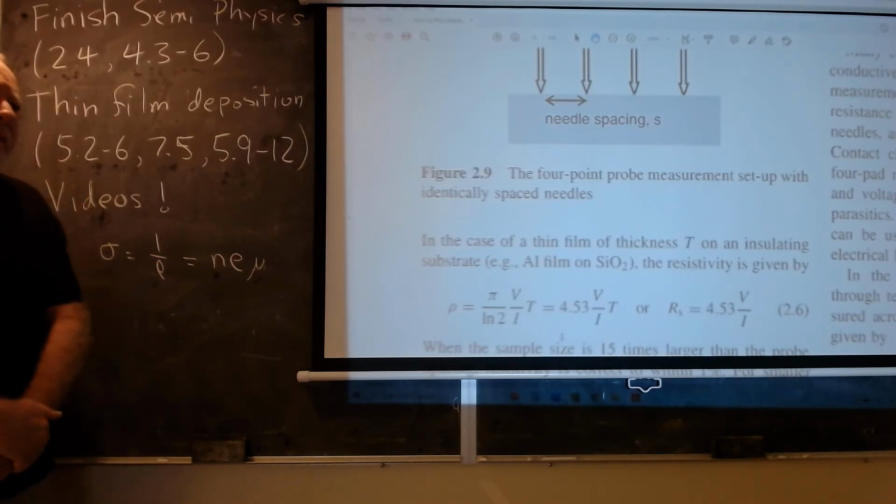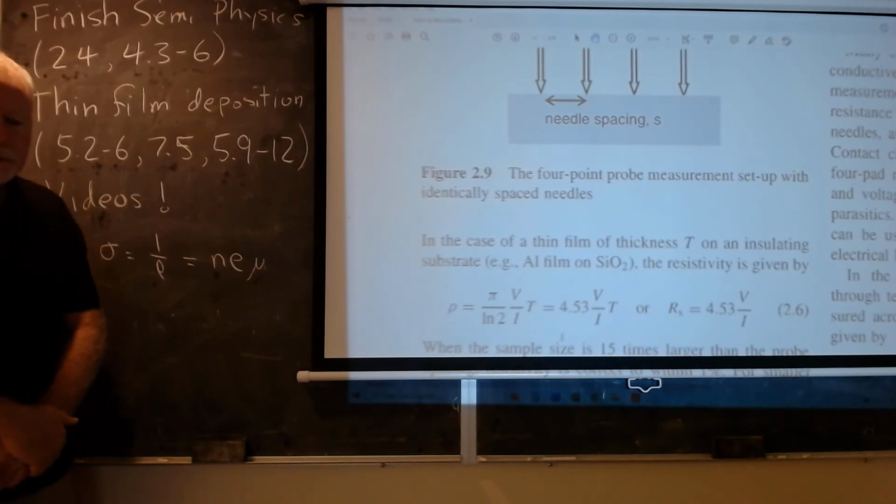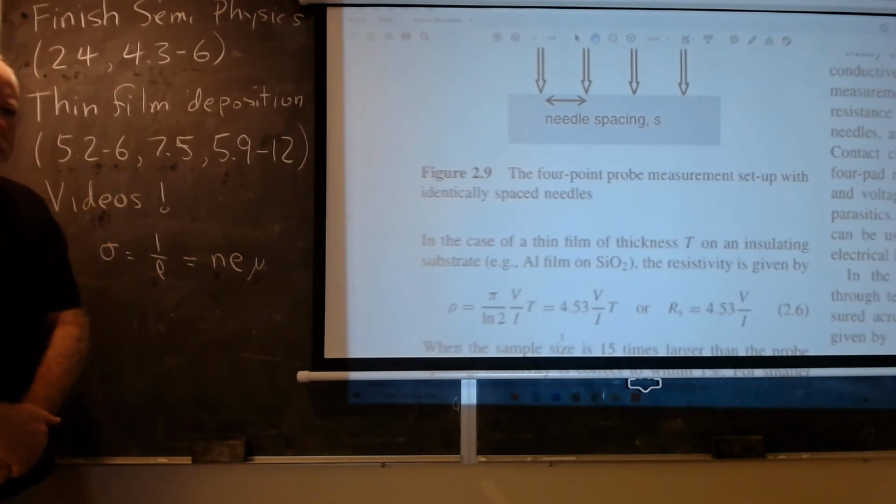Just stepping back from that, you usually order a wafer with a particular conductivity. Like you would go to Virginia Semiconductor and order a wafer of silicon that has a conductivity. Now the thing is that what Virginia Semiconductor would tell you is that this wafer has a conductivity anywhere between 10 and 100 1/ohm centimeter.